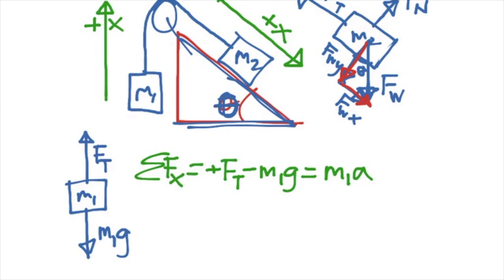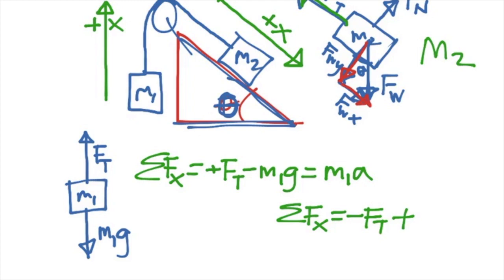Okay, now for mass 2 over here, the sum of the forces in x are minus Ft, because Ft is pulling up the ramp in the negative x direction, plus the part of weight that's along the ramp, FWX.